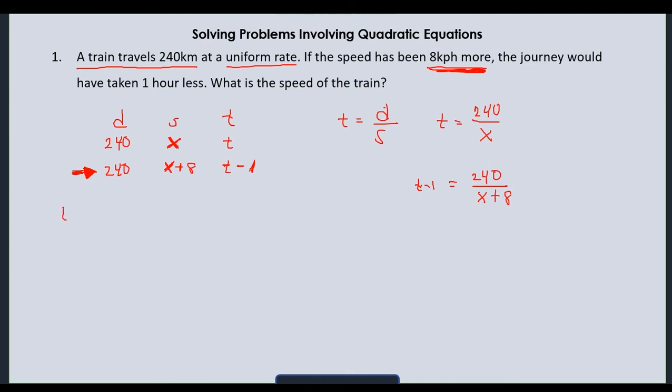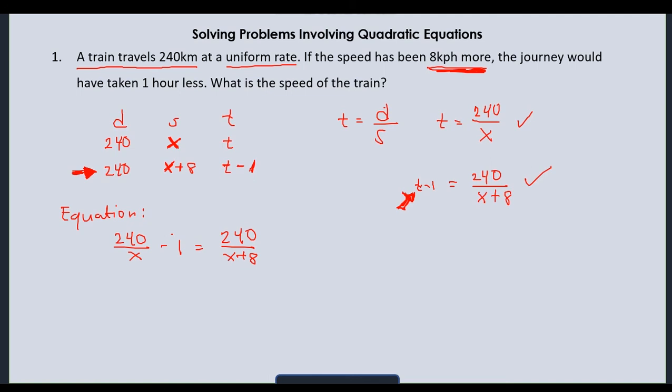For our equation, we're going to combine these two equations. Since t is equal to 240 over x, I'm going to change this t to 240 over x. So again, I'll be writing 240 over x minus 1 equals 240 over x plus 8. So this will be our equation.